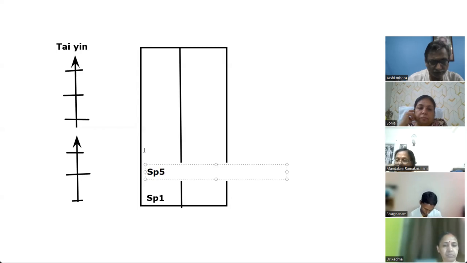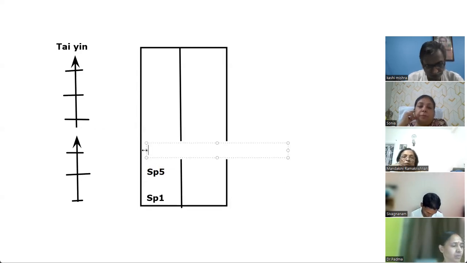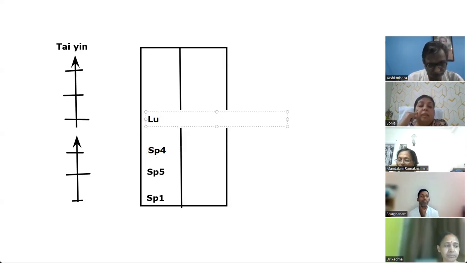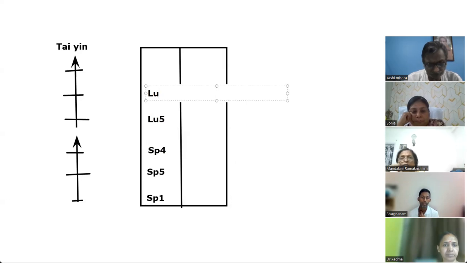What is hotness point? SP4. What is humidity point? LU5. And what is dryness? LU9. And what is coldness? LU11.